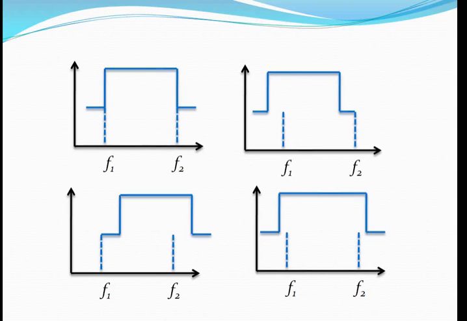For example, if the engine emits a frequency F1, the passengers of train A will perceive F1. If the engine emits a frequency F2, the passengers of train A will perceive F2. This is because they are moving at the same velocity as the engine. So there is no relative velocity between the source and the observer in this case, the observer being the passengers of train A and the source being the engine of train A.